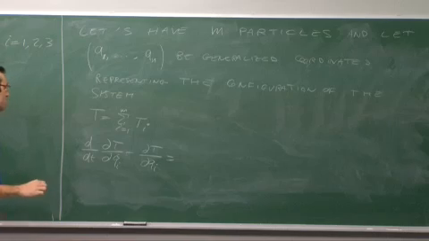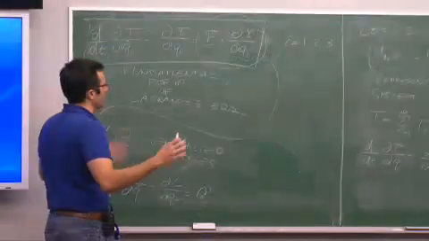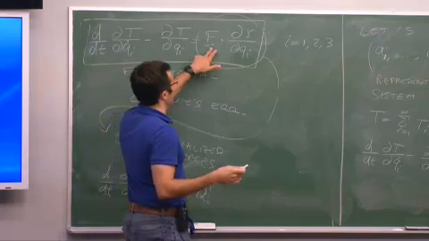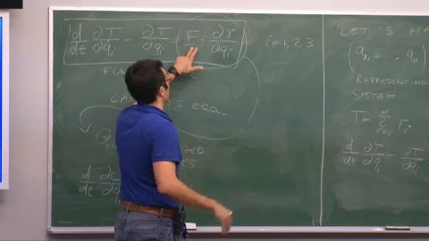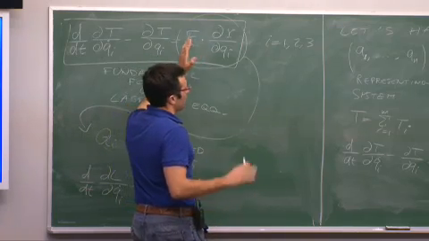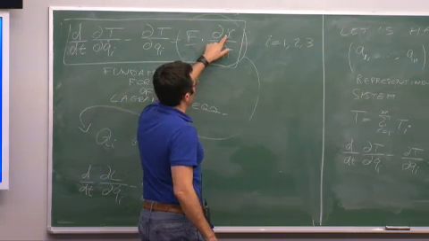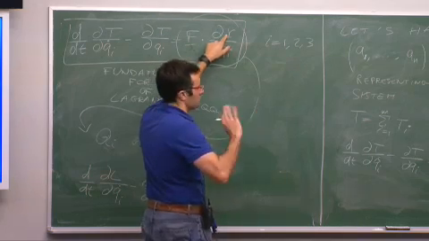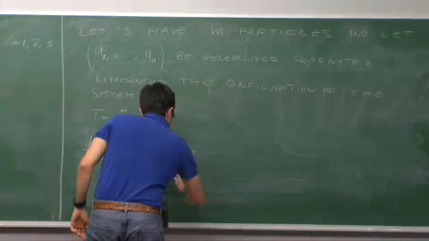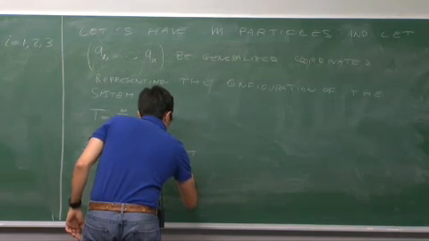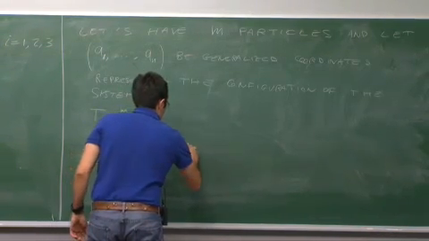This Q_i, it's now a summation, because you have a bunch of particles, and each one of them has a resultant force, except the constraint forces, that is acting on each one of them. So the r's are the positions of all the particles. So I need to add here over the particles. So j goes from 1 to m.